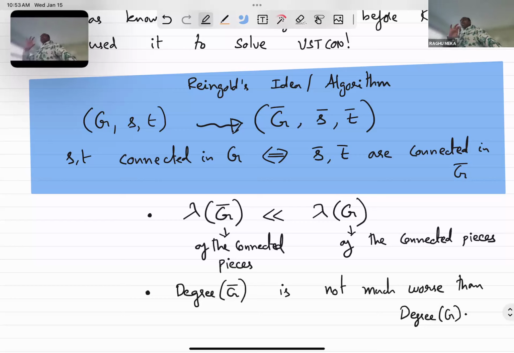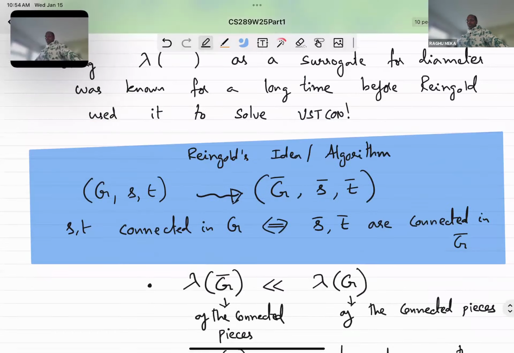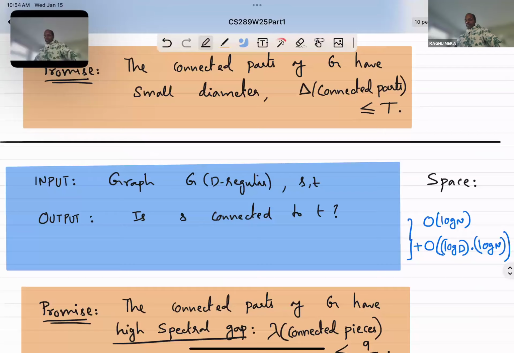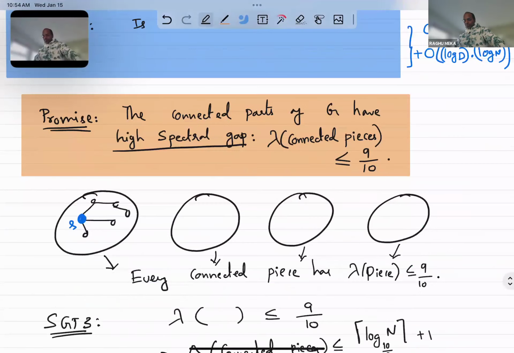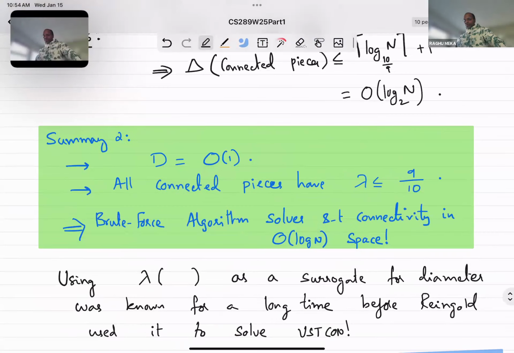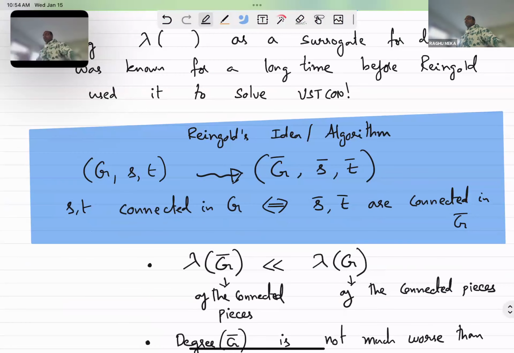So we're going to gradually transform our input to a different input where the spectral gap is better and the degree is not much worse. So somehow you have to make sure that the trade-off goes in your direction, right? You have this sort of 1 over lambda there, right? In the denominator, so you have to make sure that the trade-off goes in your direction. Okay.